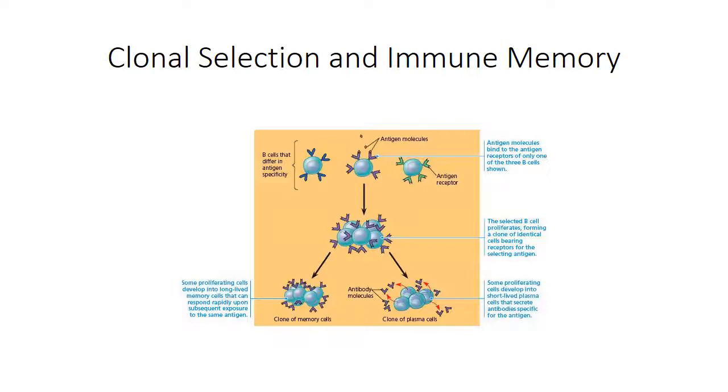And so you, at any moment of time, regardless of whether you are infected or not infected, whether some foreign intruder bothers you or not, doesn't matter. At any given moment, from your embryonic development till the day you die, you have 1 trillion different specificities of lymphocytes.